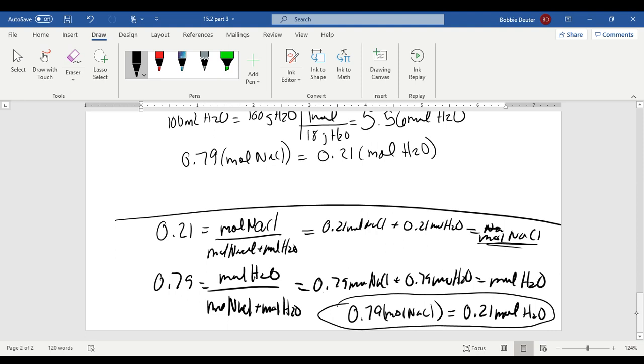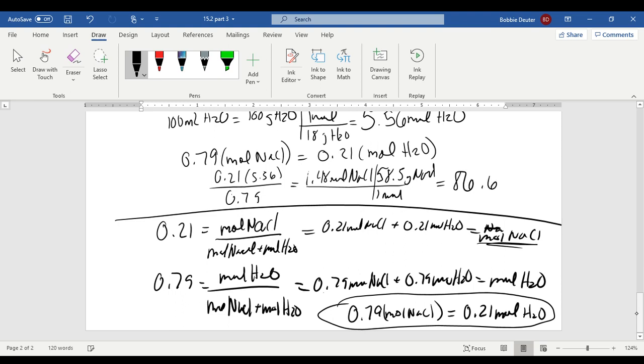So when we set this up, you get 0.21 times our 5.56, divided by our 0.79, and we get a total of 1.48 moles of NaCl. But the question didn't ask for that. It asked for, hey, how many grams are there? So we know that 1 mole is equal to 58.5 grams of NaCl. And we multiply that out, and you get 86.8 grams of NaCl.